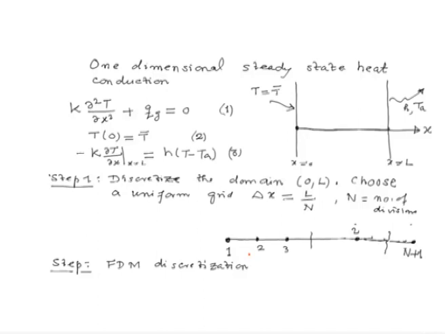So now first let us obtain discrete form for our governing equation, equation 1, at an interior node. By interior node we mean any node other than node 1 and n plus 1, both of which are on the boundary of the domain.